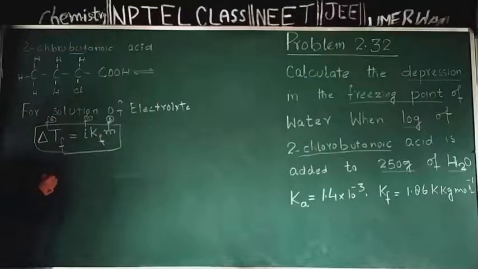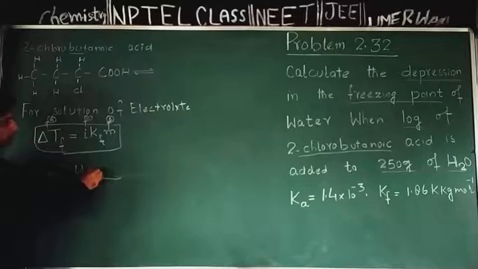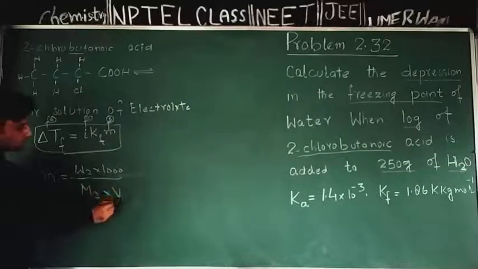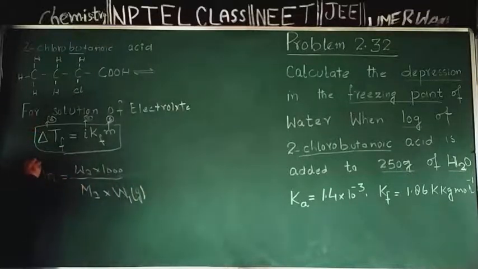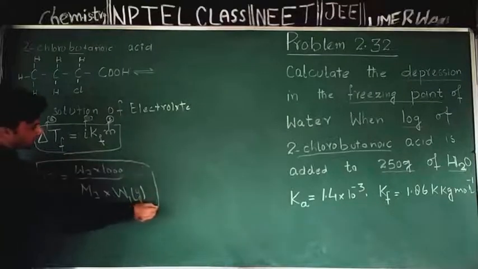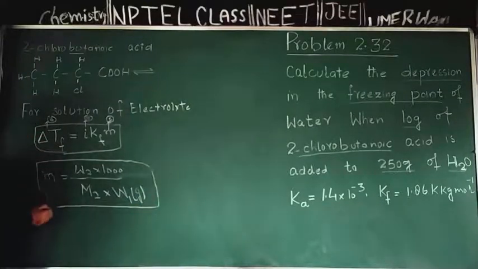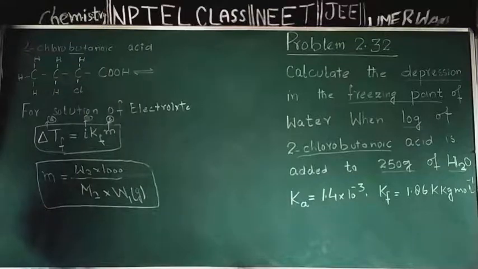Molality is equal to, expression of molality is W2, dissolved mass of solute, multiplied by 1000 divided by molar mass of solute multiplied by weight of solvent in grams. This is the expression for molality of solution.